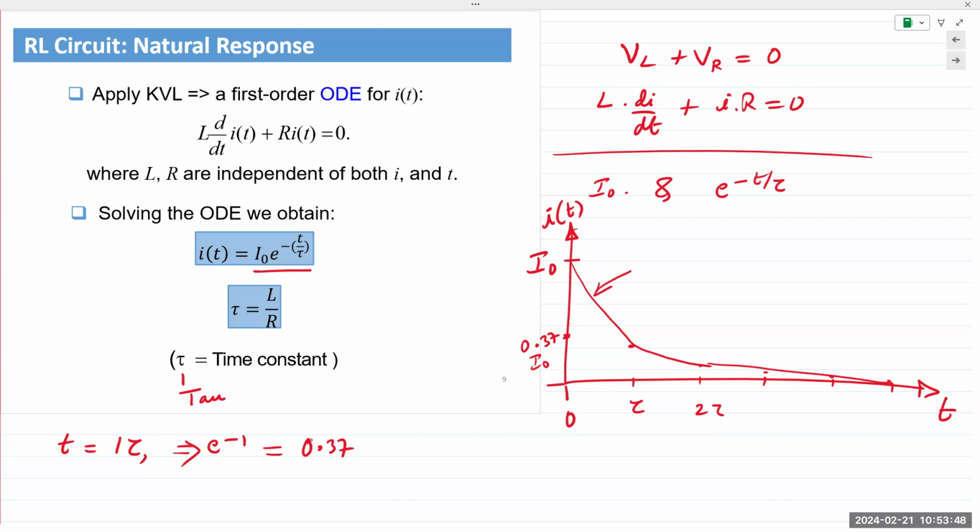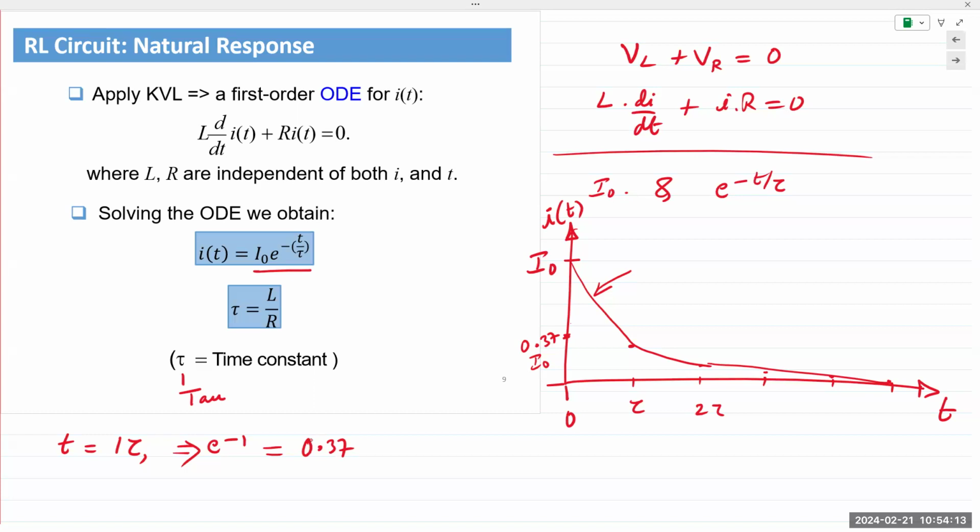Now, this equation, as I said, describes the transient portion. What happens after a certain period of time has elapsed? What happens to all of that energy? It will all be gone. But mathematically speaking, if you plug in any value of t, you would still obtain a value for the current.